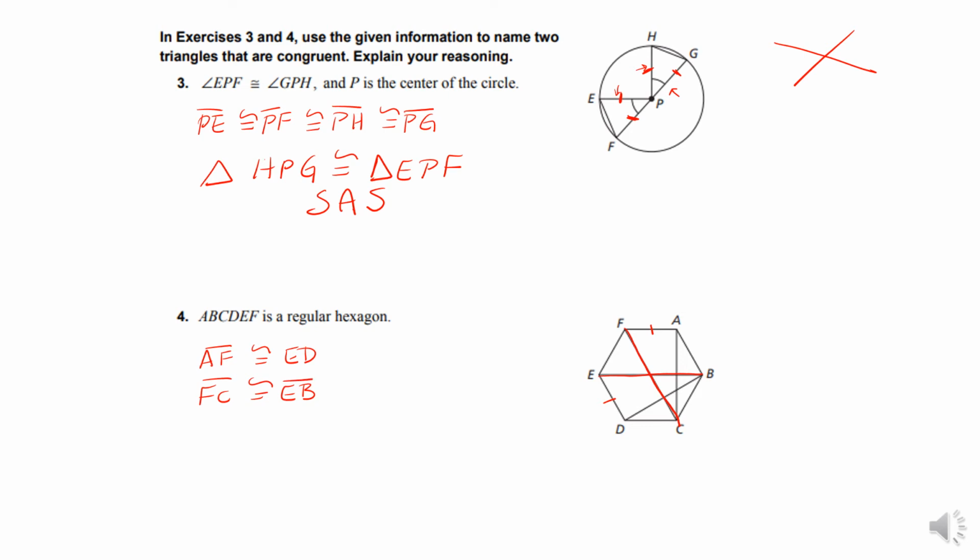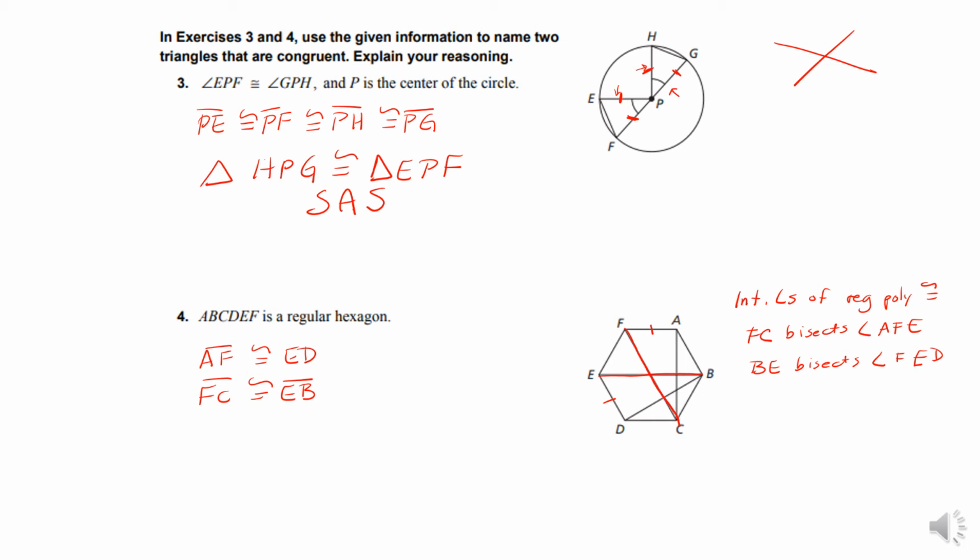Now, here's where it gets a little bit tricky. We know that the interior angles of a regular polygon are all congruent. Okay, and FC bisects angle AFE, and EB, or BE, bisects angle FED.